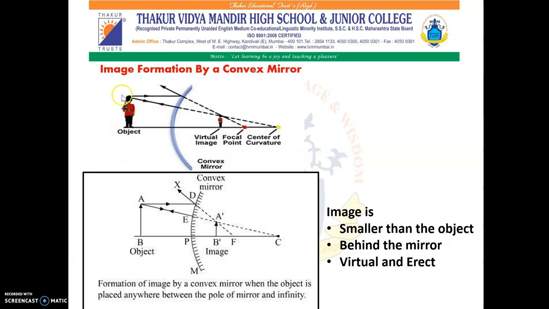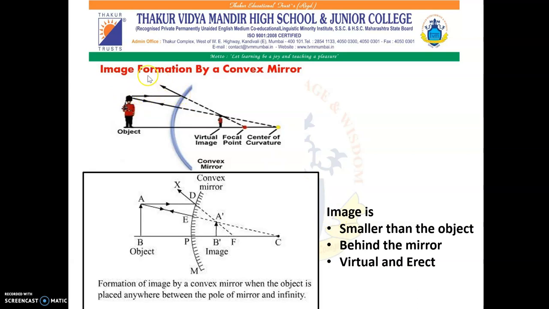As shown over here in this picture, when the object is placed anywhere between the pole and infinity, then the image that is formed is behind the mirror, virtual, erect and smaller than the object.